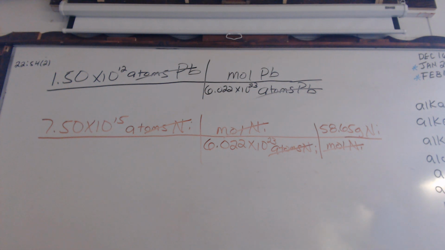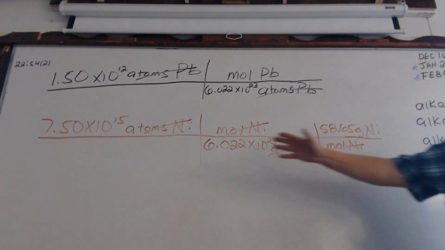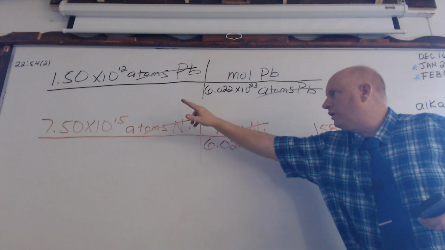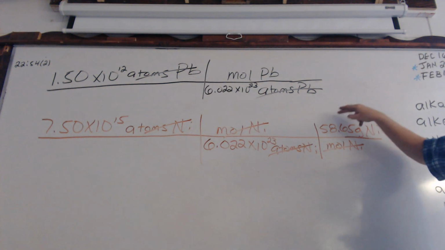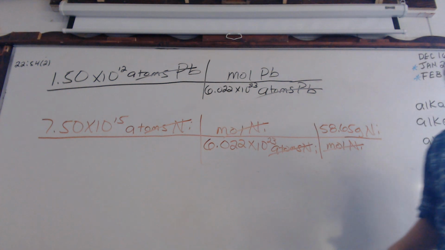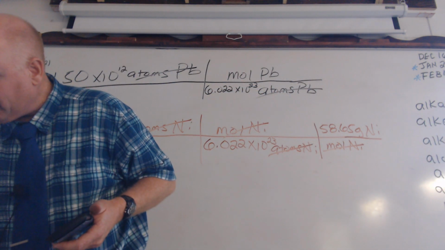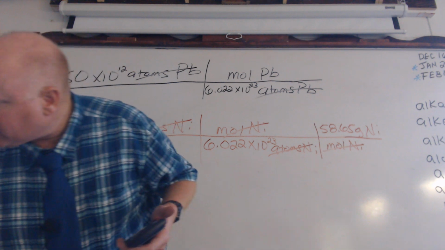So second, your double E to the 15th. Since we've got numbers on top that are next to each other, what do we do with this and this? You multiply them.